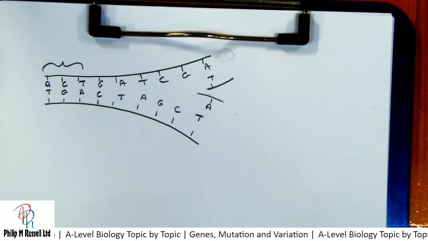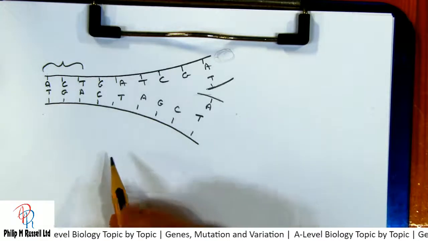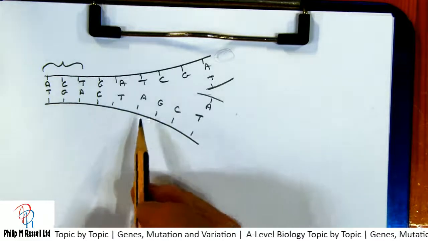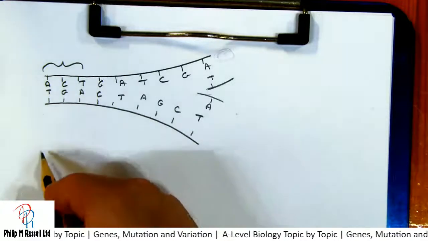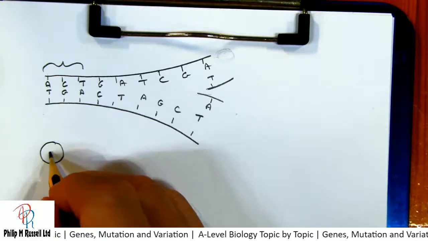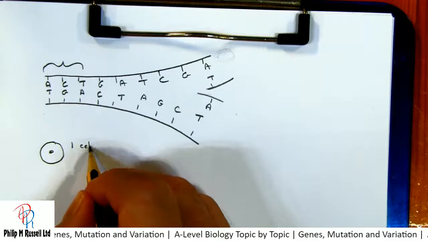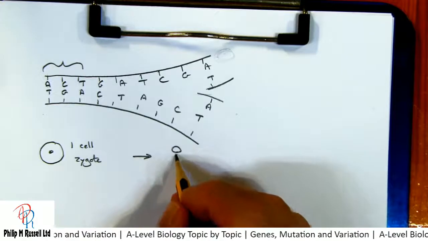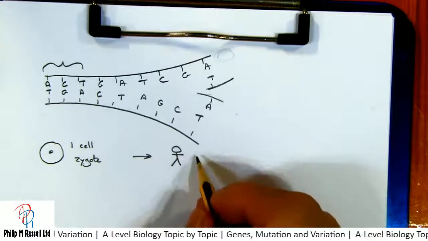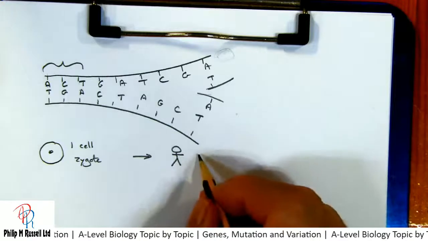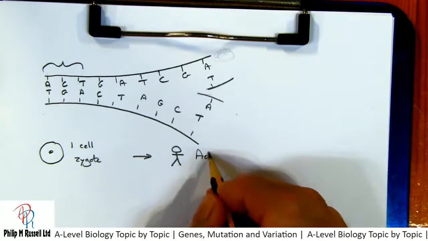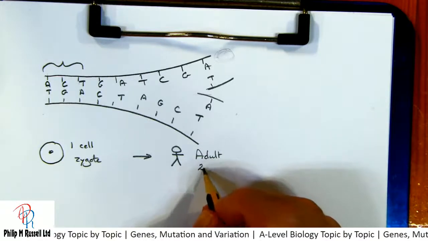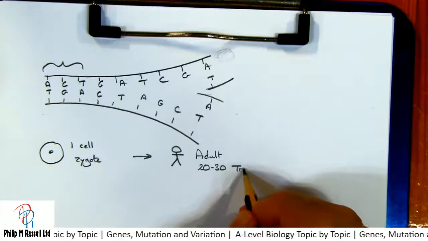When each cell divides, for either growth or repair, we need an exact copy of all the DNA. You started off with simply one cell, a zygote, and that has managed to get to you as a complete being, let's say here an adult, with, I don't know, 20-30 trillion cells.